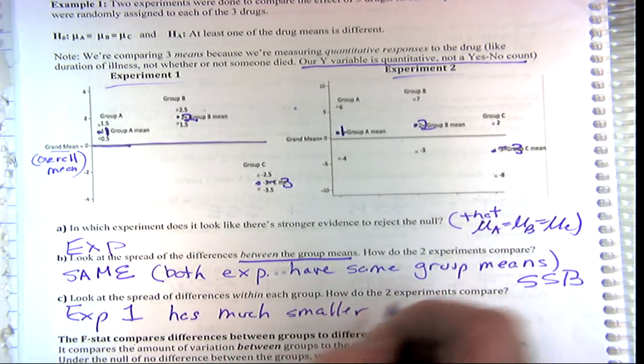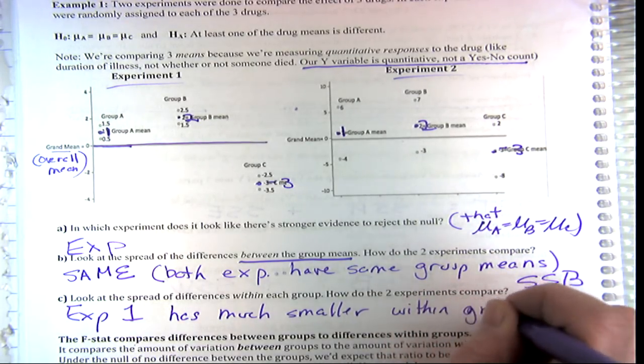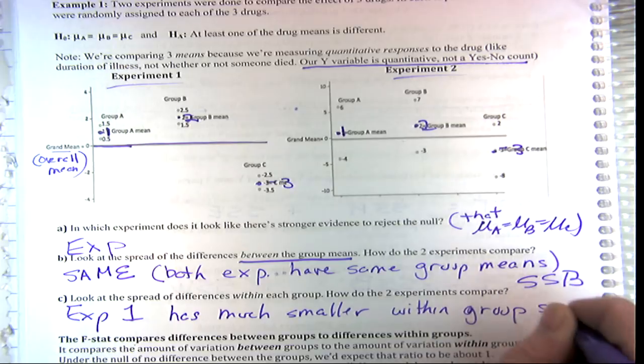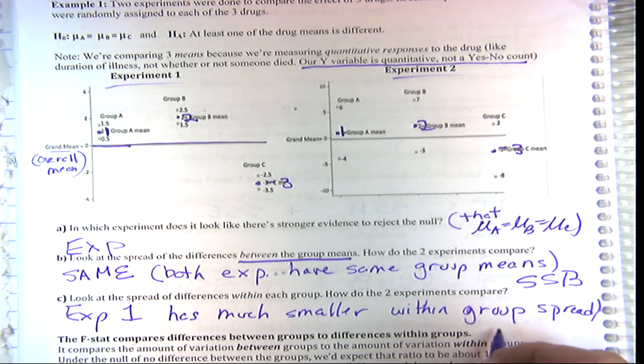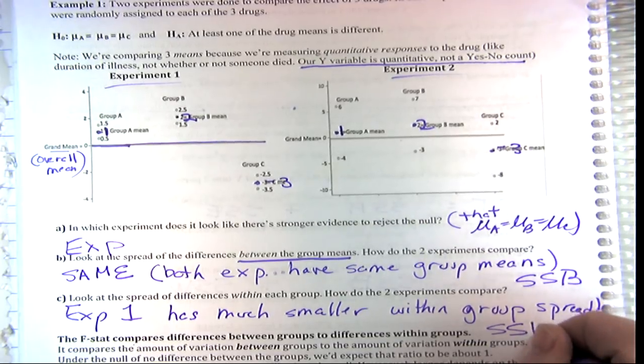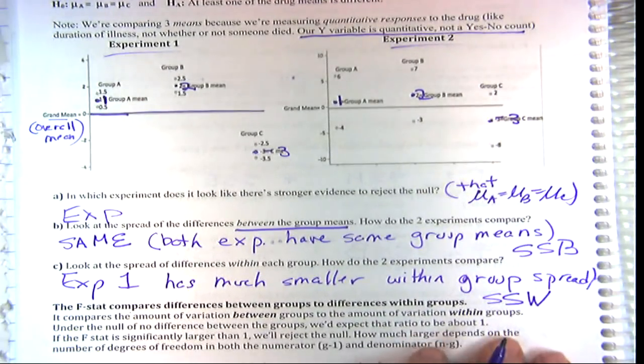And we call that within group spread, which is measured by the sum of squares within. It has much smaller error. That's a measure of our error. Okay?